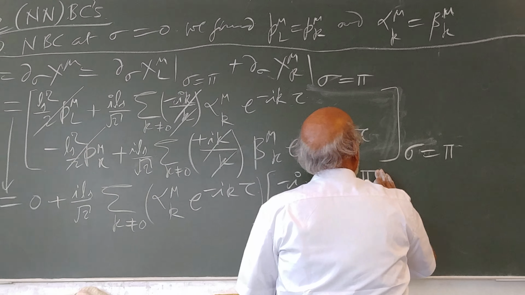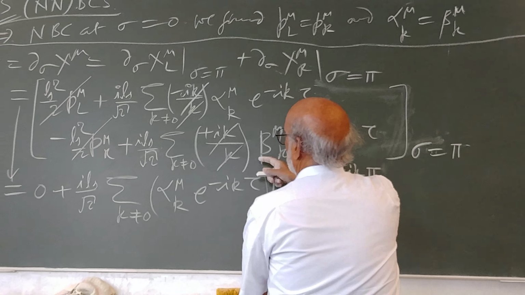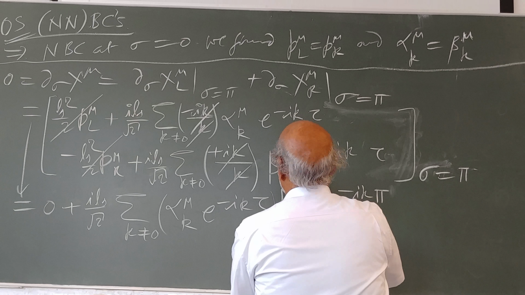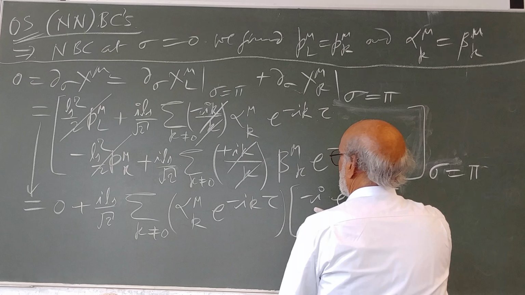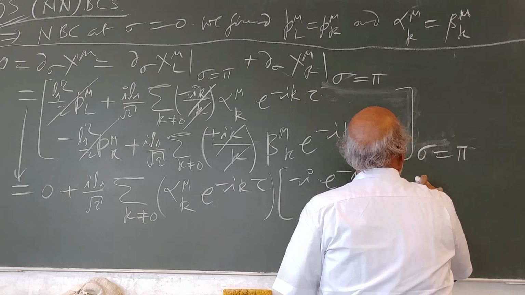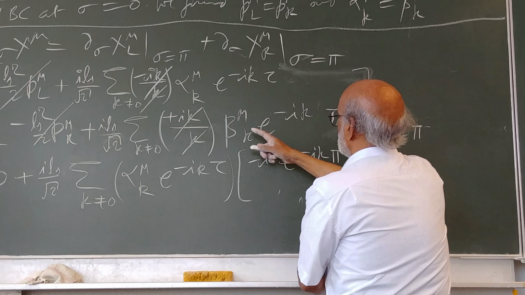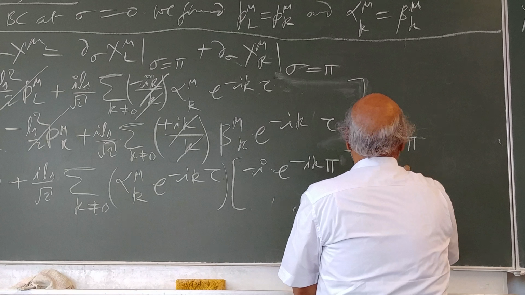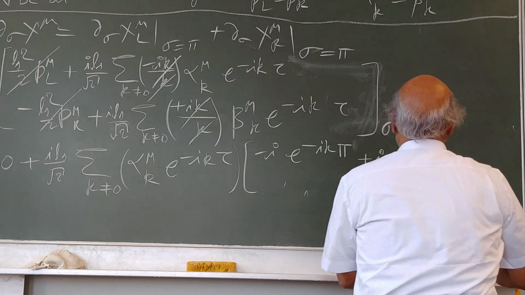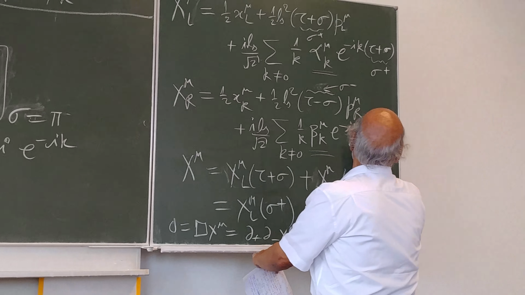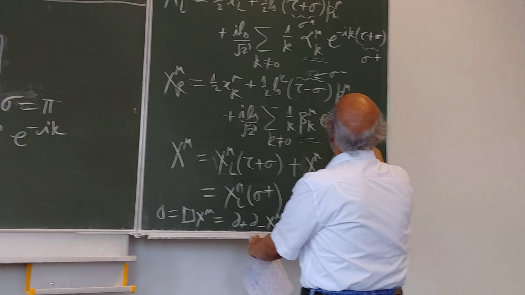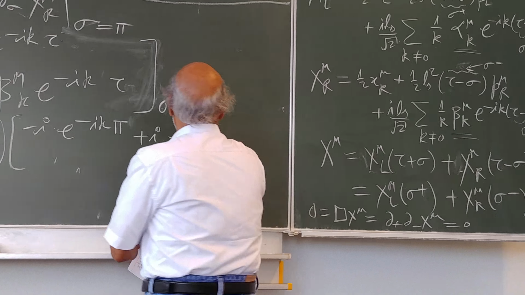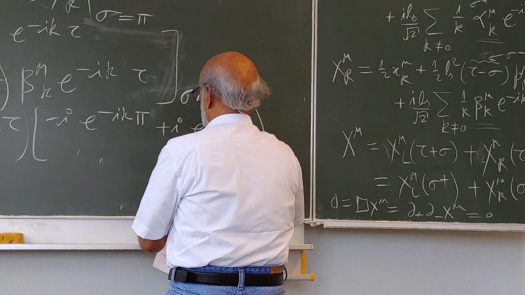And plus this here, so this is plus i times, this is gone, e to the power minus ik into minus pi, so this is plus ik pi.